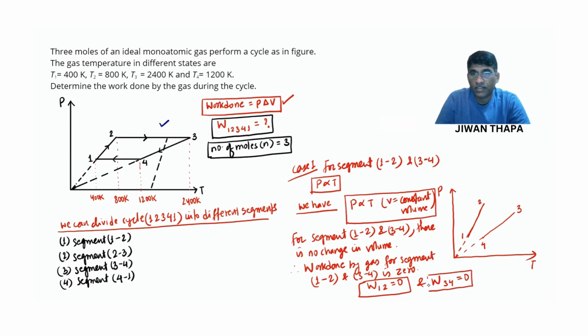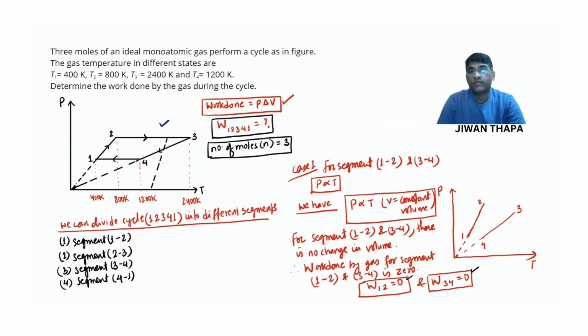Because pressure is directly proportional to temperature for segments 1, 2 and 3, 4. It means that the volume is constant for these segments, due to which the work done by the gas in segments 1, 2 and 3, 4 is 0. So we need to note this.